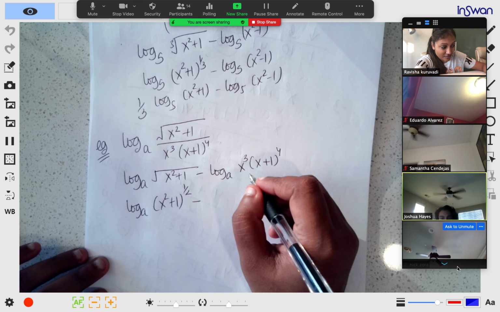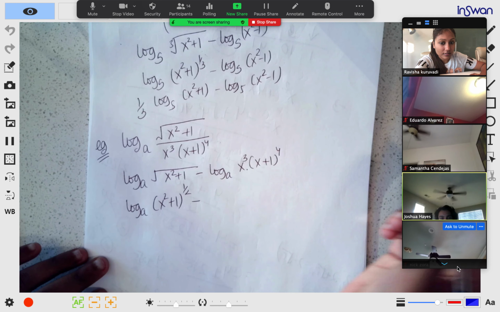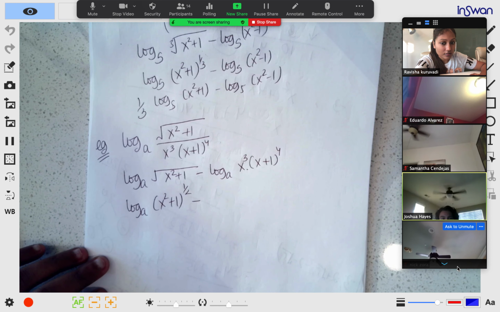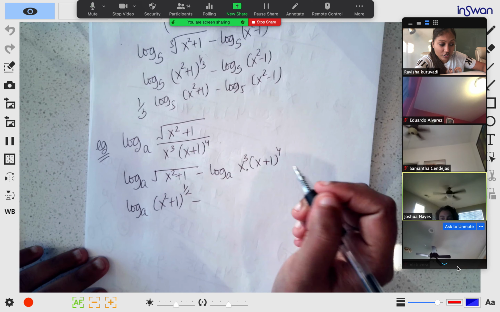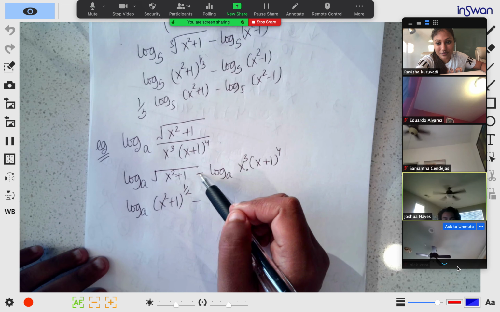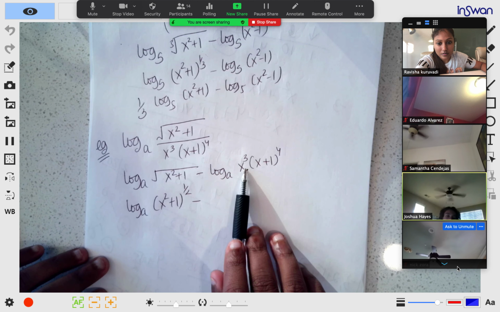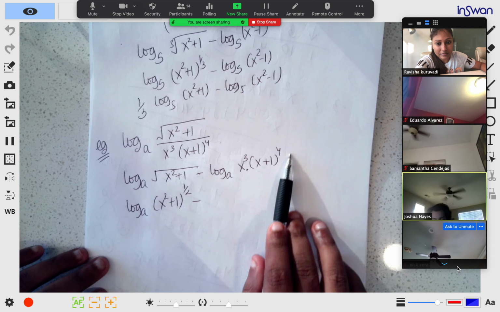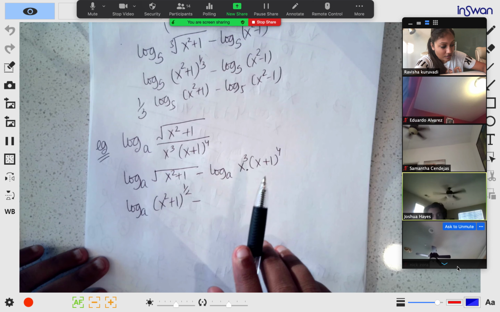So what happens when you multiply? Division you change into subtraction, but here they're multiplying, so you change into adding.